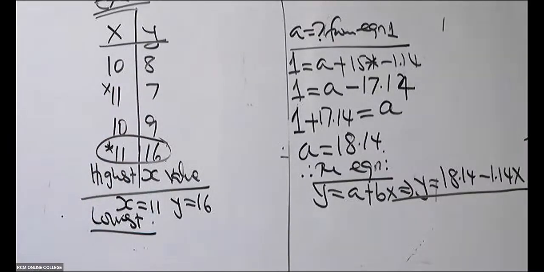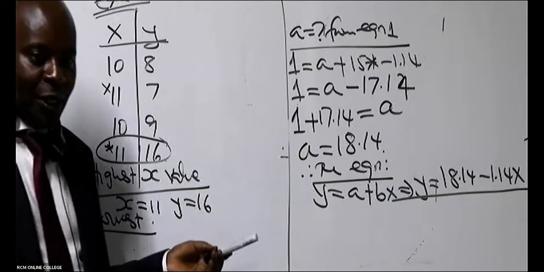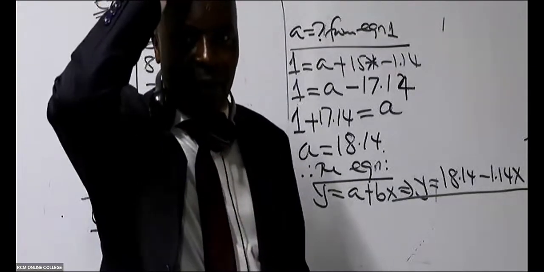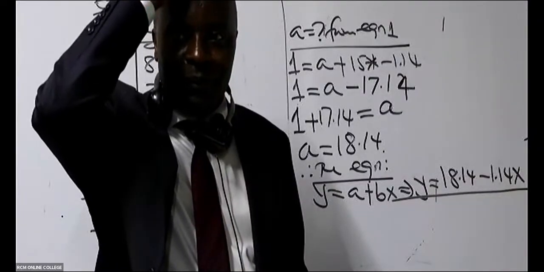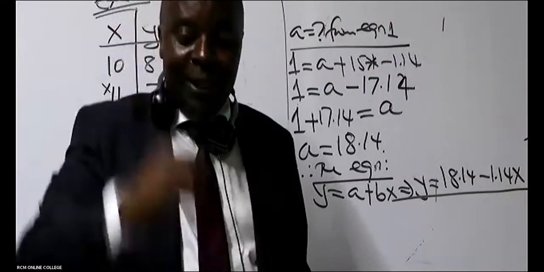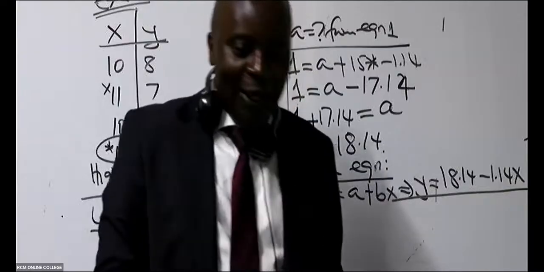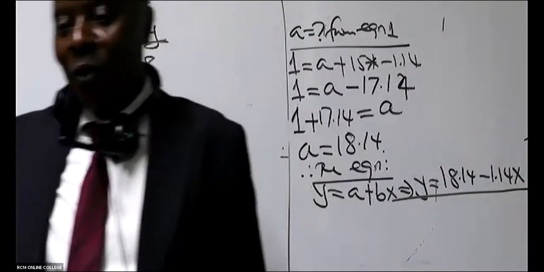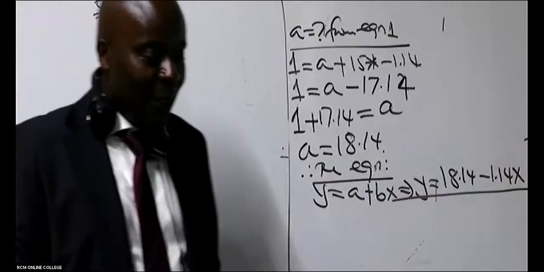But if you go to an exam and you realize you have gotten confused and you don't know which one to pick as the very highest, what will you do? Cry? Walk out of the exam in your first 30 minutes?